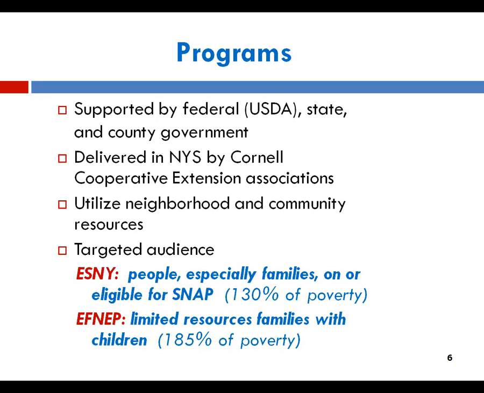They have a program called Just Say Yes, and there's another program through Food Change in New York City that is a part of Eat Smart New York. But the largest part of Eat Smart New York does come through Cooperative Extension Associations at the county level. FNEC is delivered only through Cooperative Extension.